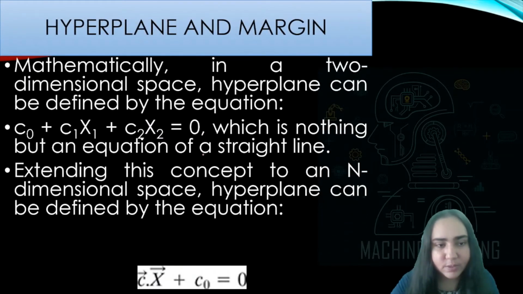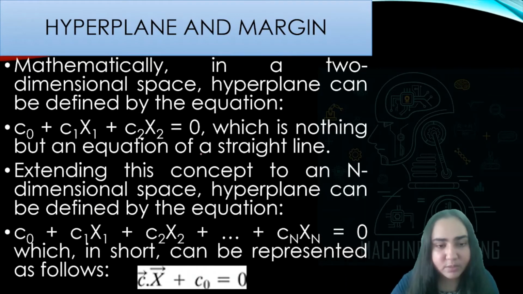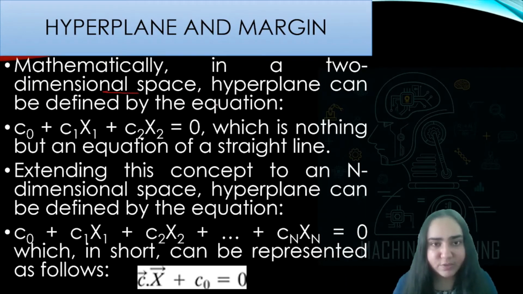Now let's talk about the hyperplane and margin. So mathematically, in a two-dimensional space, if you create a hyperplane, it would have this equation C0 plus C1 x1 plus C2 x2 equal to 0. And this is nothing else but an equation of a straight line, like we used in linear regression.